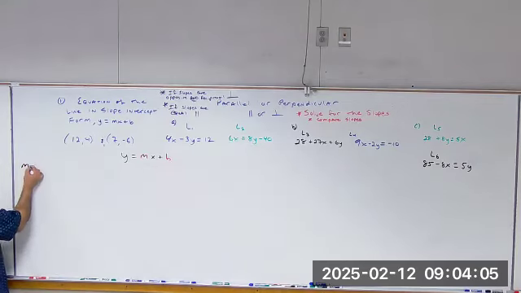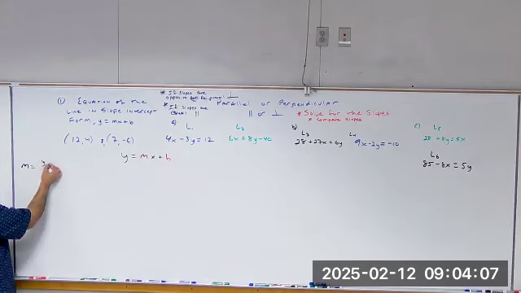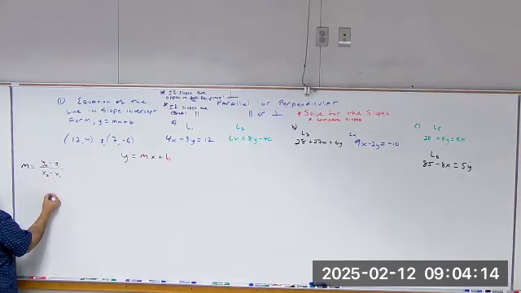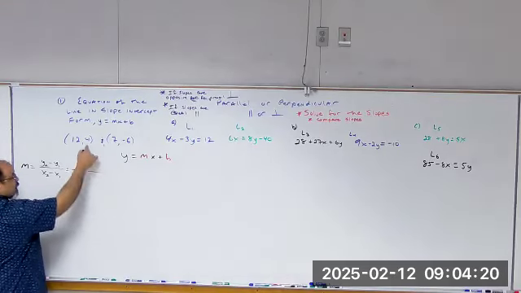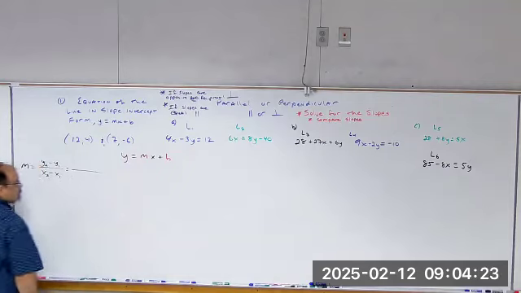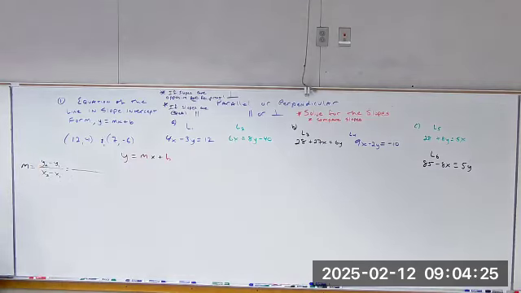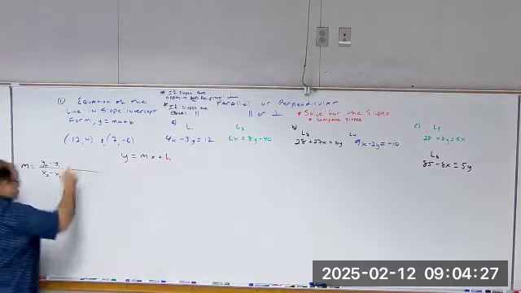The slope is y sub 2 minus y sub 1. Subtract the y's over x sub 2 minus x sub 1. So you just have to choose which y you want to start the numerator with, the 4 or the -6. Which one? The -6.